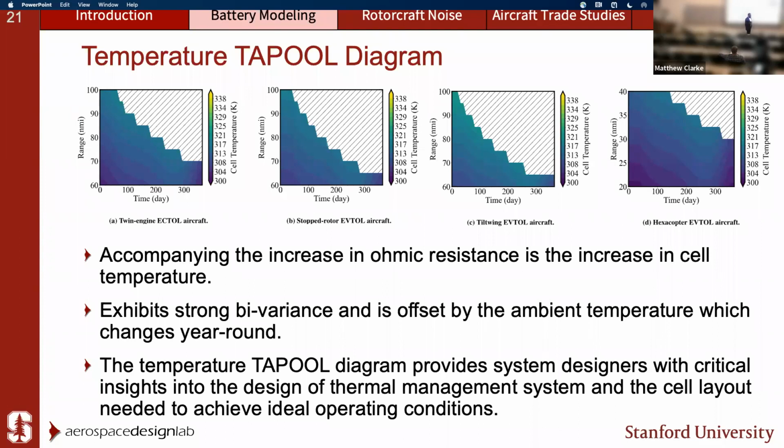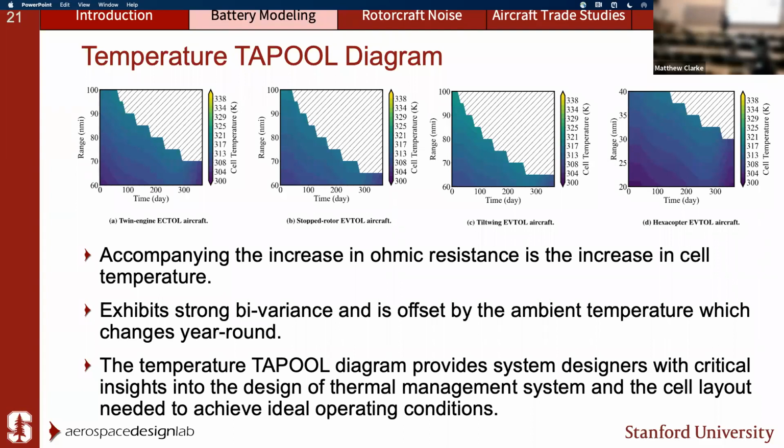Well, in San Francisco, this period, between day 200 and day 300, is very hot, right? So these plots can tell you that even flying at a particular range, there are some periods of the year where the battery is going to experience higher temperatures. And why is this important? Because it goes back to the question of safety and certification.